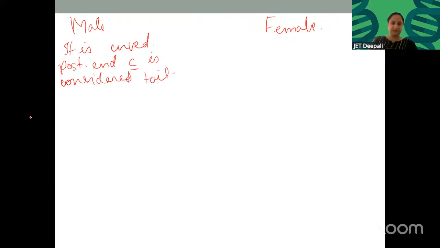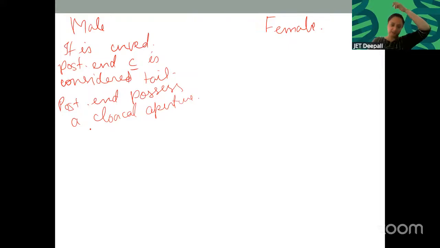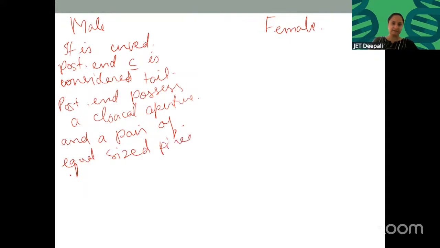The posterior end possesses a cloacal aperture and a pair of equal-sized chitinous penial spicules or penial setae.